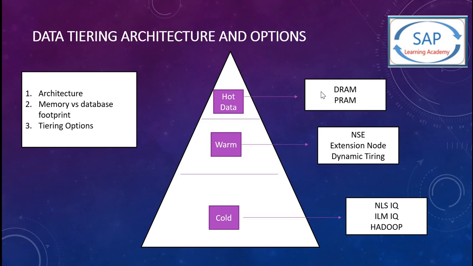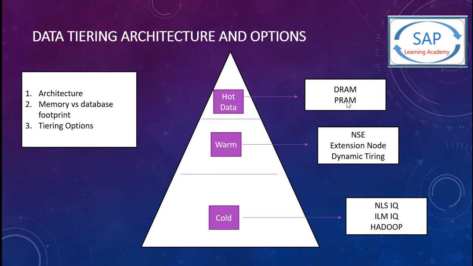Now the last part is the data tiering options. For the hot data, there are two technologies provided by SAP. One is the DRAM and the other is the PRAM. D means dynamic RAM and P is persistent RAM. Initially SAP came up with DRAM technologies.